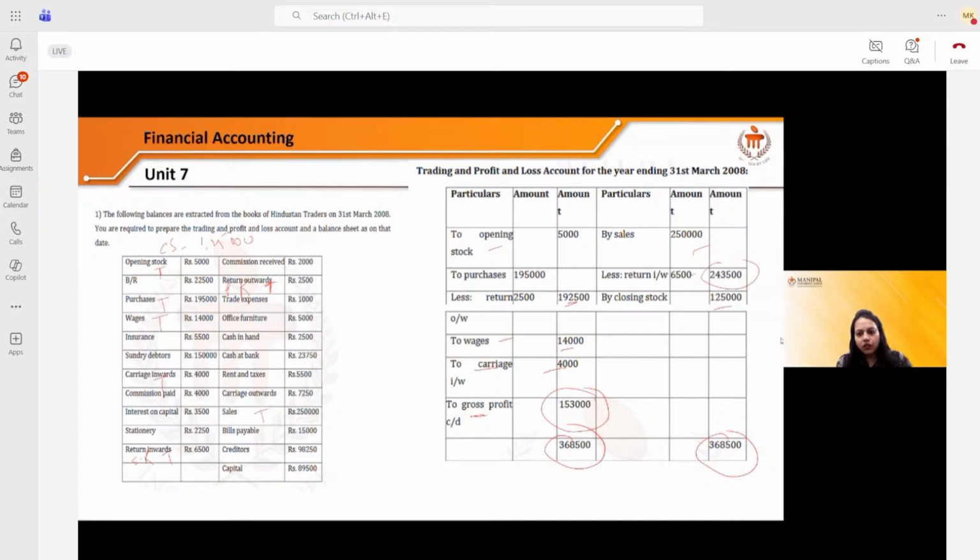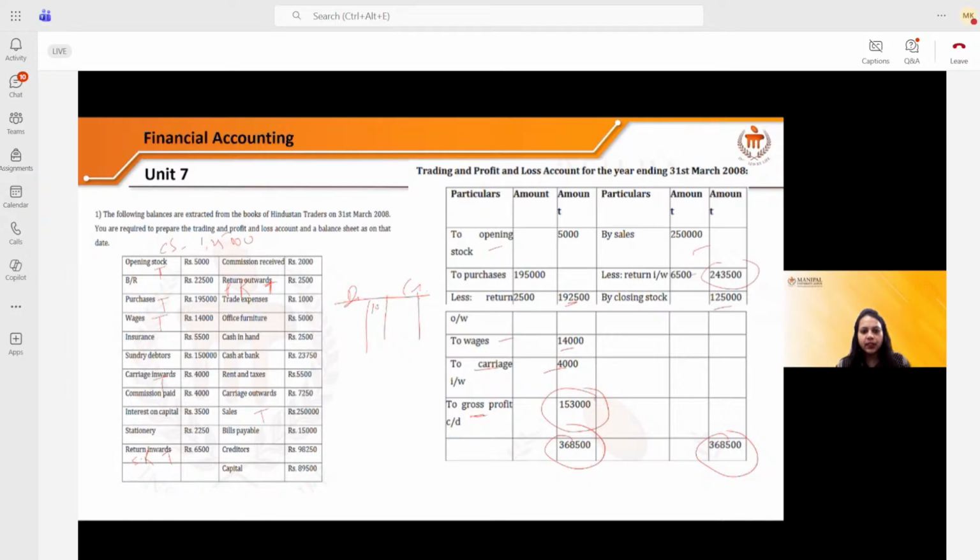In case of gross loss, okay. Jyoti is asking about gross loss. I will come to this part as well. Just wait. Suppose this is a format, this is the debit side and this is the credit side.